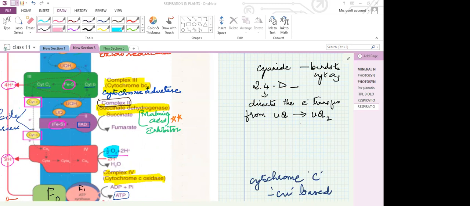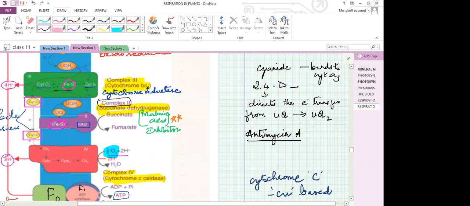Okay, there is another one, antimycin A. All these are substances that inhibit. Antimycin A is a drug. It stops the movement of electrons to cytochrome C1.